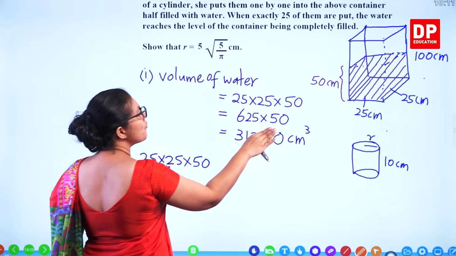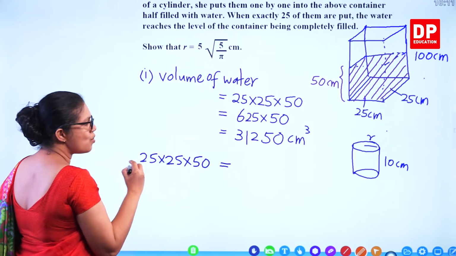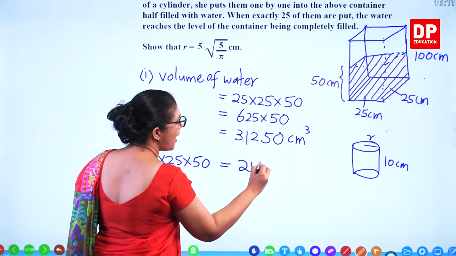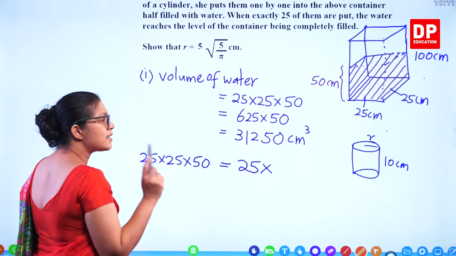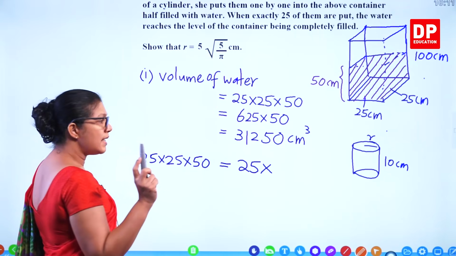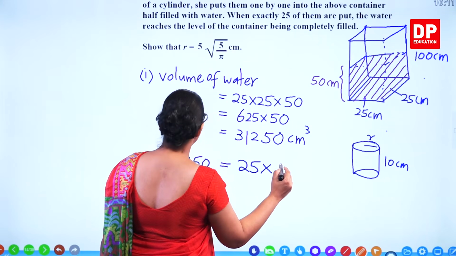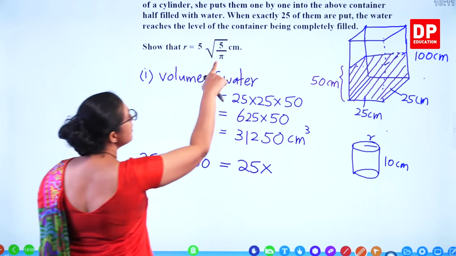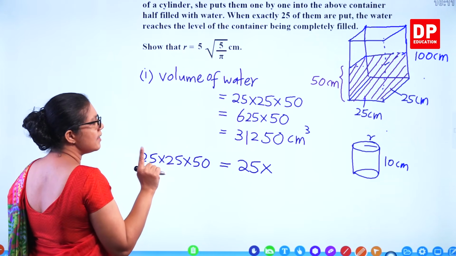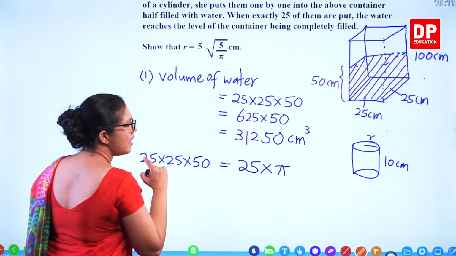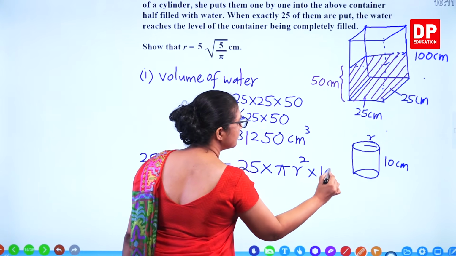That's the volume of the empty space. That's equal to 25 of these cylinders. So what is the volume of one cylinder? Pi r squared h. Keep pi in terms of that. Don't substitute 22 over 7. I can write pi r squared, h is 10.